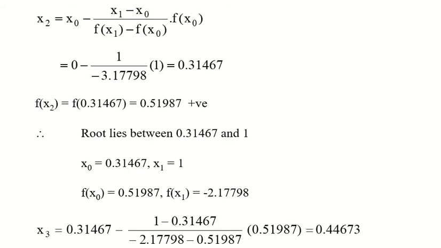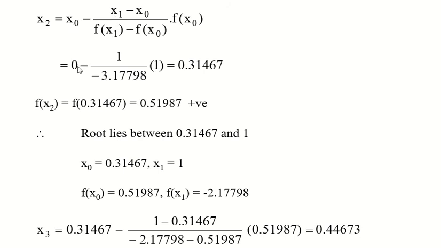Okay, now you calculate what is x2. You have the Regula Falsi formula with you. Write down the Regula Falsi formula. You have x0 as 0, x1 as 1.